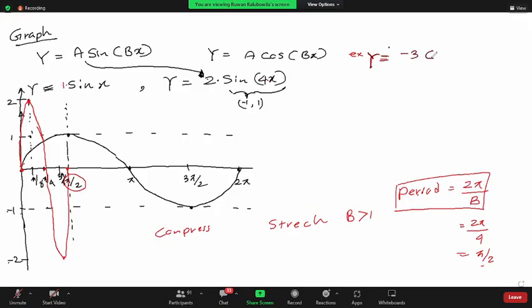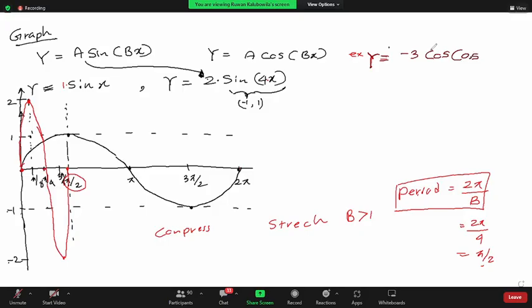I will take all different values. Here I took a negative a value, and I will take cos because I didn't draw the cos graph yet, and I will take b something below 1, this is 0.5.